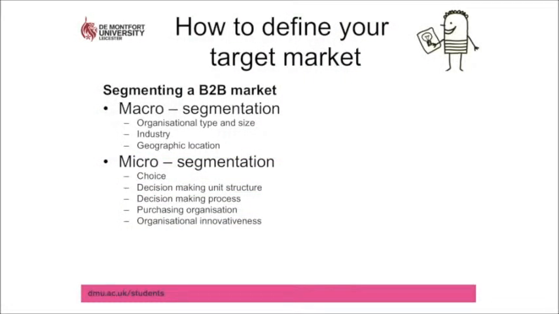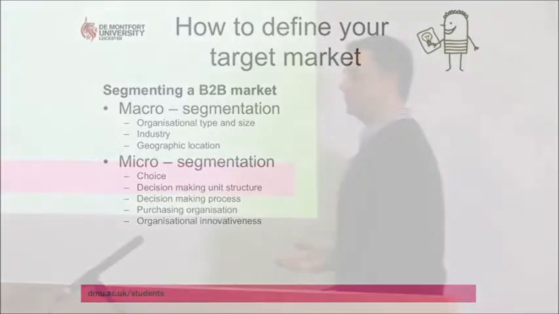Touching briefly on to B2B, so business to business sales. If you are selling your products or services to another business, we segment in a slightly different way. We still do it on geographic location, so geographics. But we look at things like organisational size. How big are the businesses that we want to sell into?